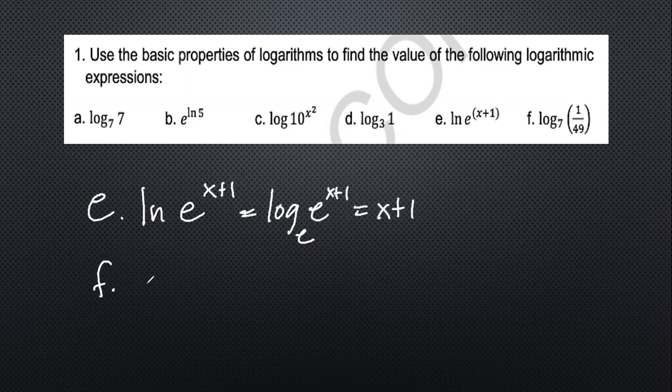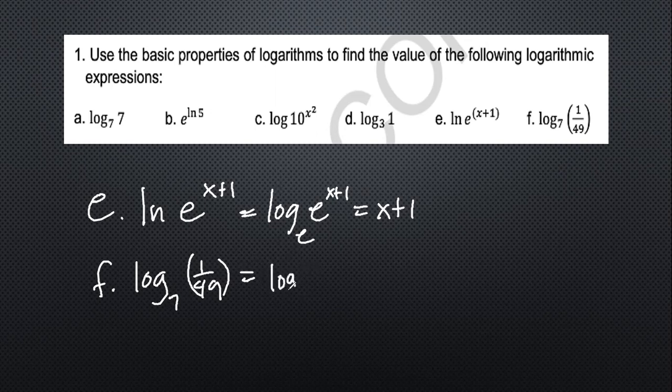And lastly, for the last example, we have logarithm of 1 over 49 base 7. Again, you cannot use property number 1, you cannot use property number 3 either, so it's very clear that we will be using property number 2. So we need to rewrite this in a way that it will be the same with the 7.